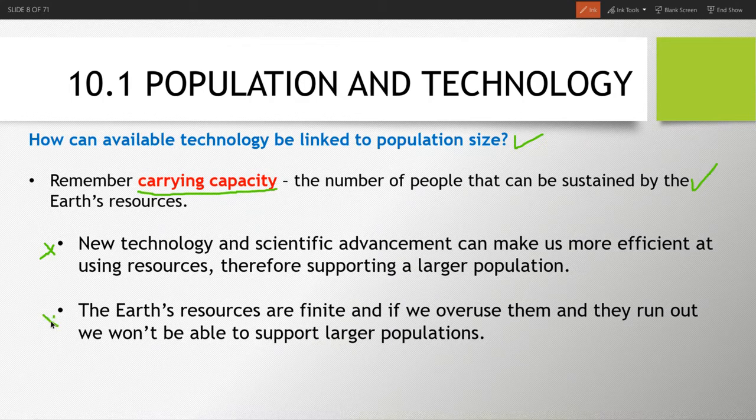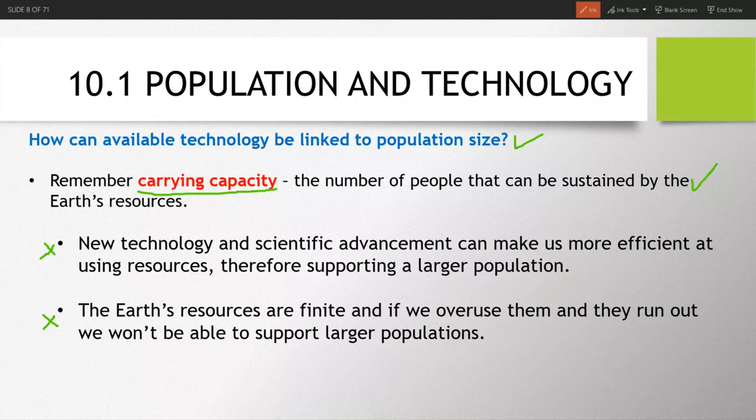The other way to look at it is that the Earth's resources are finite, or limited, and if we overuse them and they run out, we won't be able to support larger populations. So there's a tension here, and certainly a concern about sustainability. Can we overuse the resources on the planet? Is there a limit to the numbers or types of new technologies and advancements that we can make?